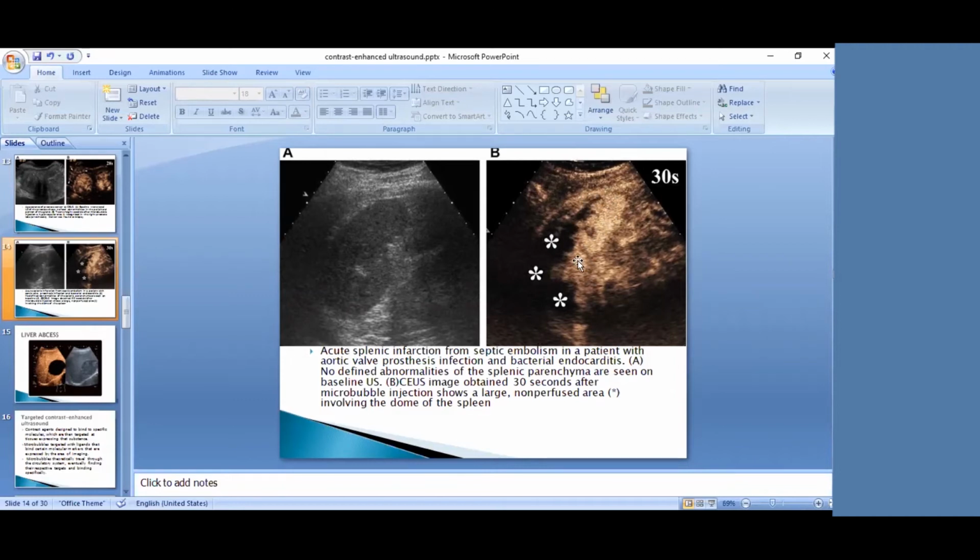Okay, this parenchyma has a normal blood flow, while this has none. An infarction means the blood flow to that organ, or that portion, stopped. So here you can see there is no blood flow here. Okay, so in B we can see the contrast enhanced ultrasound image obtained 30 seconds after microbubble injection shows an enlarged non-perfused area involving the tip of the spleen.